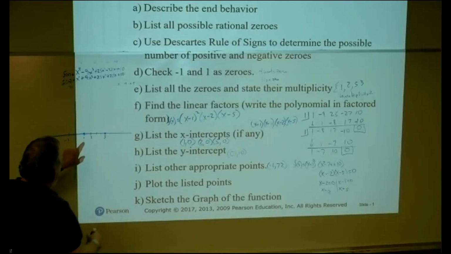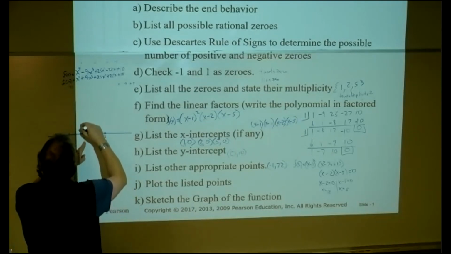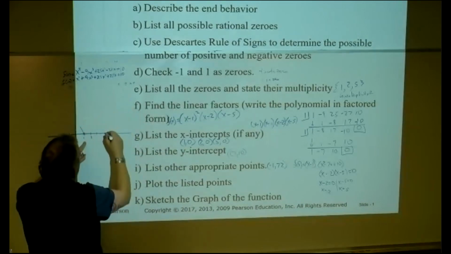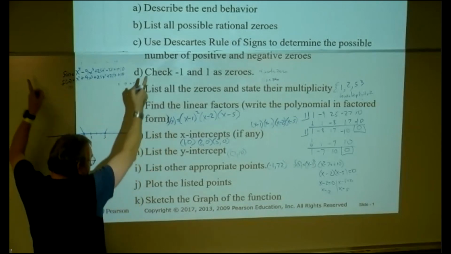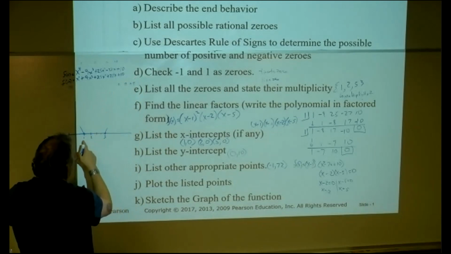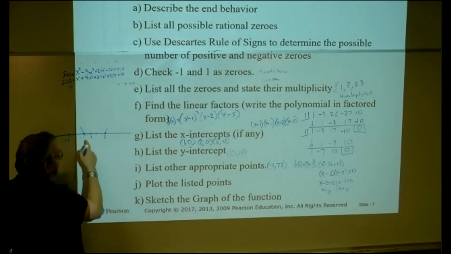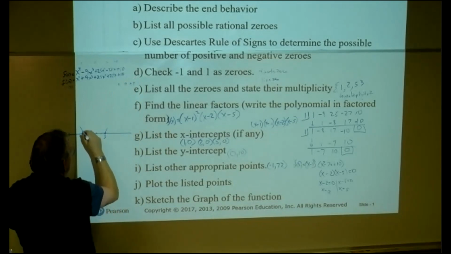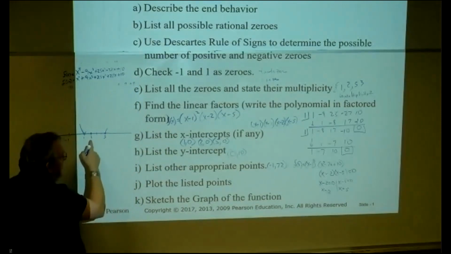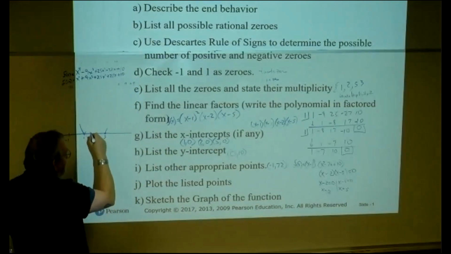I know at 1, it's going to go up because of the end behaviors. At 1 and 5 on the outside, it's going up. And 1 has a multiplicity of 2. So that means it's going to come down, touch here, and bounce back up again. And at 2, the multiplicity is 1, so it's just going to pass through.